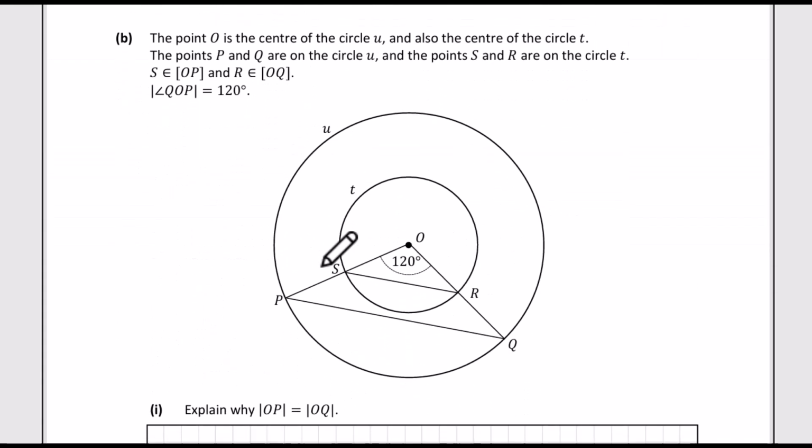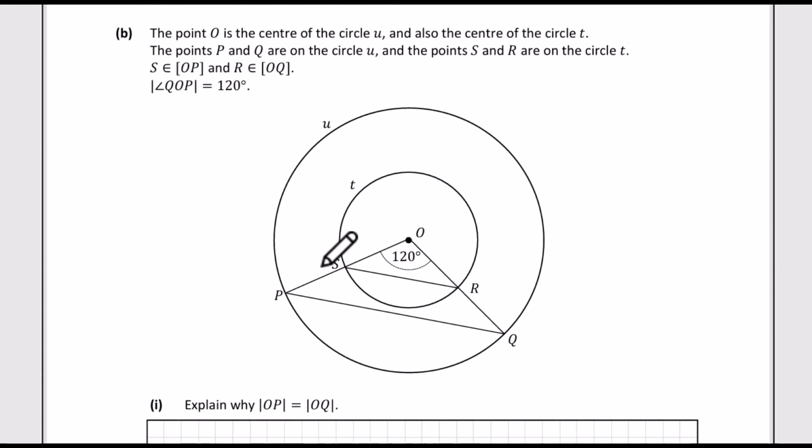Obviously use a ruler. The point O is the center of the circle U. So there's the center of the circle U, and also the center of the circle T. The points P and Q, so these 2 points here, are on the circle U, and the points S and R, these 2 here, are on the circle T. S is an element of OP, so S is on this line here, and R is on this line here.